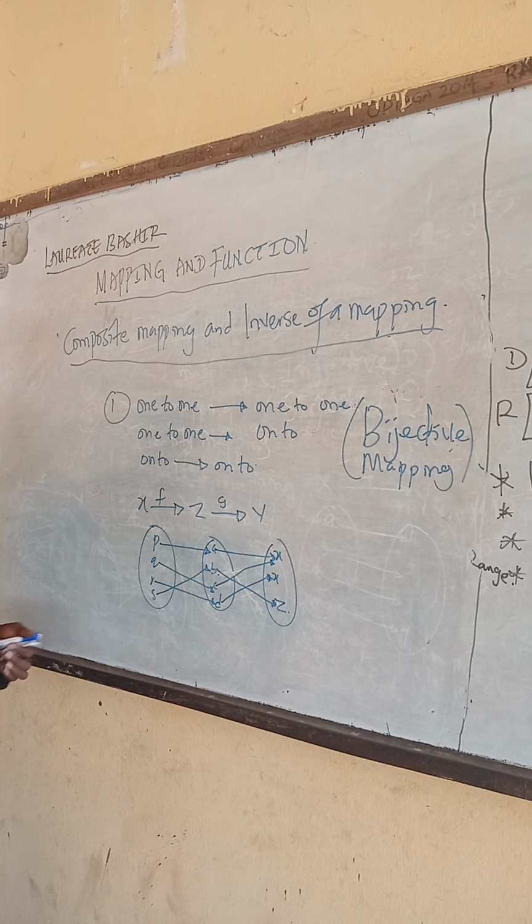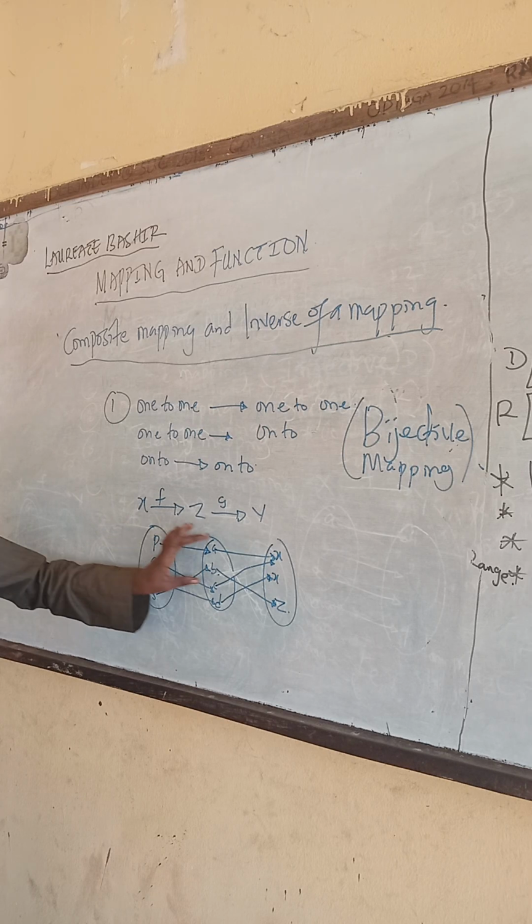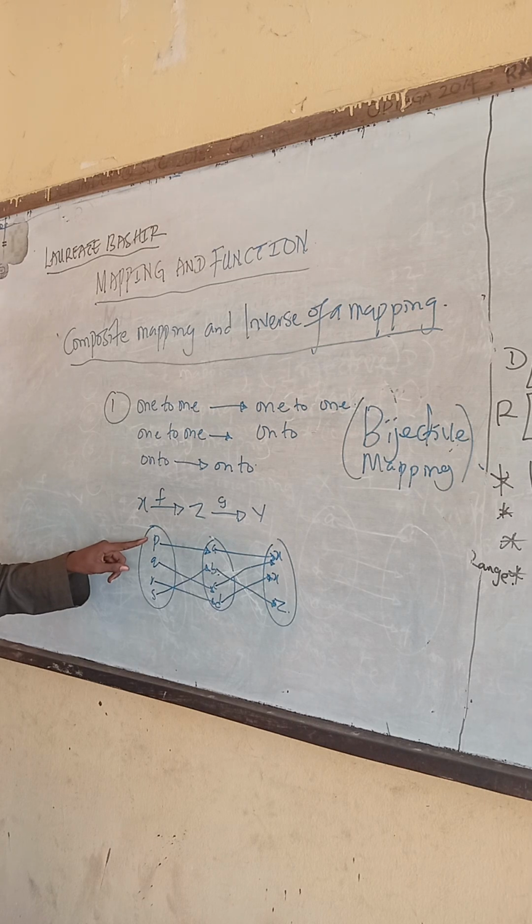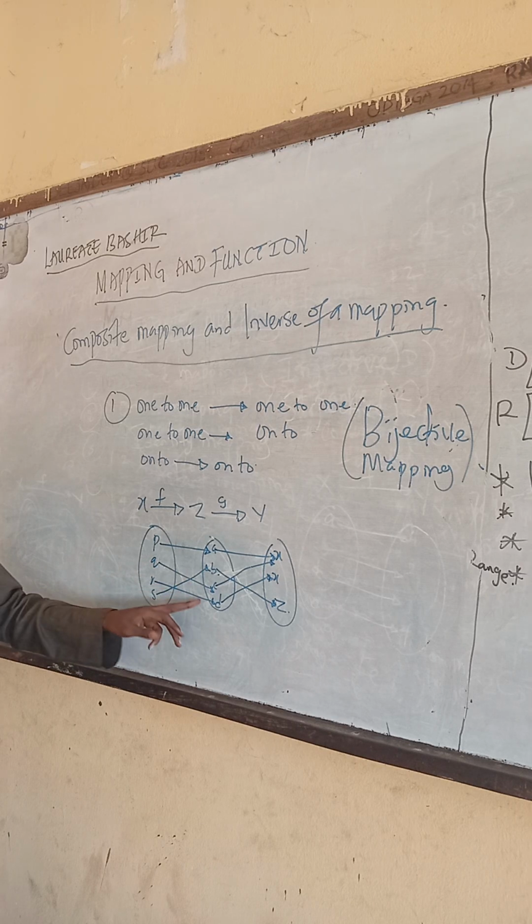P is mapped to A, right? How many elements here? We have 4. We are also having 4 here. You can see that P is mapped to A, Q mapped to C, R mapped to D, and S mapped to B.